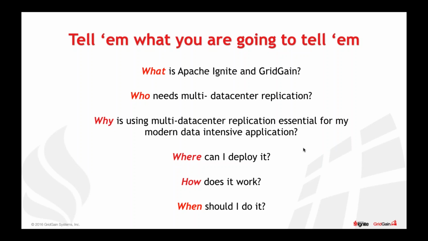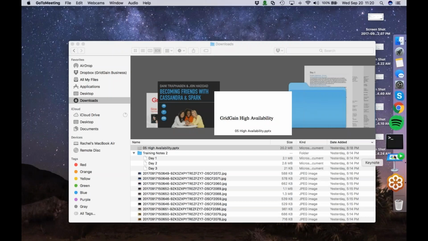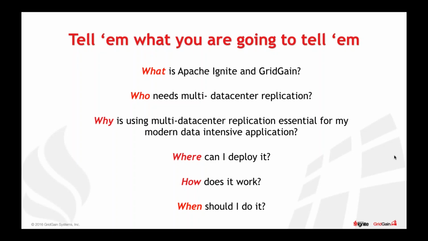We're going to talk about who will need multi-data center replication, why using multi-data center replication is essential to any modern data-intensive application, where you can employ it, how it works, and when you should use it.